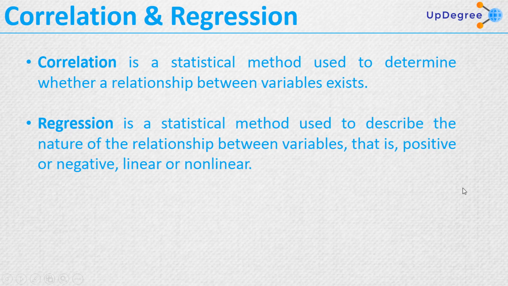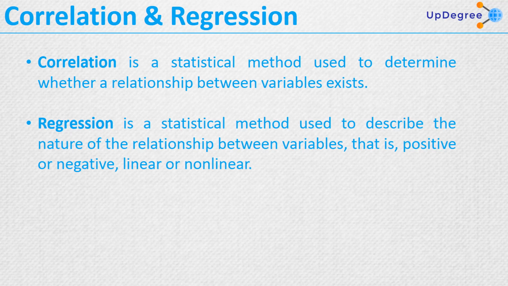Next one is regression. Regression is a statistical method used to describe the nature of the relationship between the variables, whether it is positive or negative, linear or non-linear, and so on. A positive relationship means when x is increasing, y is also increasing. When x is decreasing, y is also decreasing. What is x? X means the independent variable, the number of hours per day one student is studying on average.